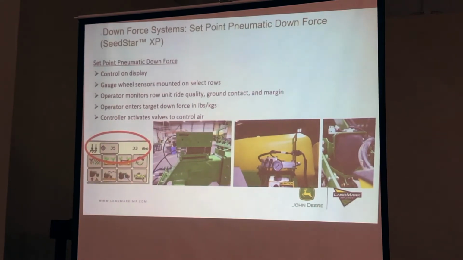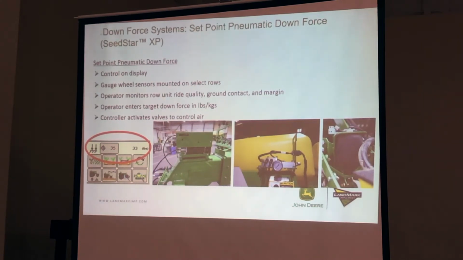Then we have set point pneumatic downforce systems, and it's going to be the same as the integrated system, but you're going to have a control on the display, and you're going to set a target pressure, and the system is going to maintain that air pressure for you to keep at that target that you have set.